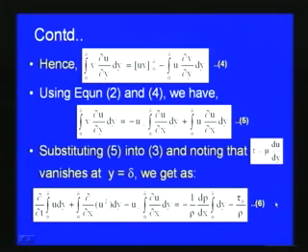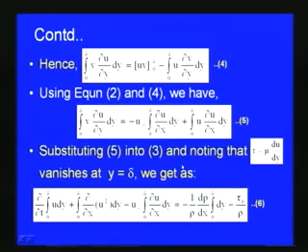So, substituting 5 into equation number 3, and noting that we use Newton's law of viscosity, tau is equal to mu du/dy, and noting that tau vanishes at y equal to delta, we can write equation number 3 as ∂/∂t of the integral from 0 to delta of u dy, plus the integral from 0 to delta of ∂/∂x of u square dy, minus u infinity times the integral from 0 to delta of ∂u/∂x dy, is equal to minus 1 by rho dp/dx times the integral from 0 to delta of dy, minus tau 0 by rho.